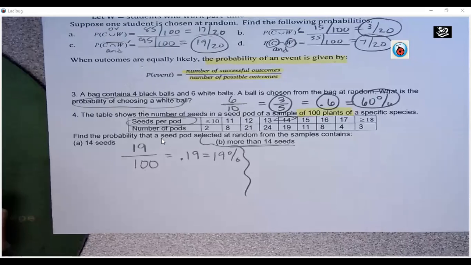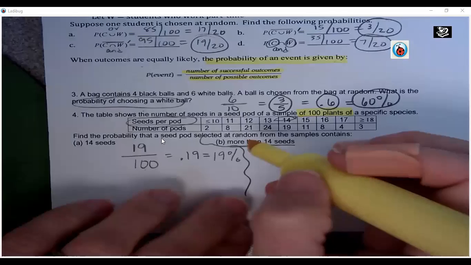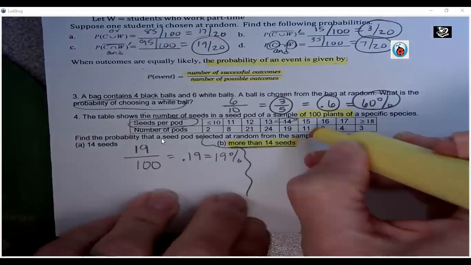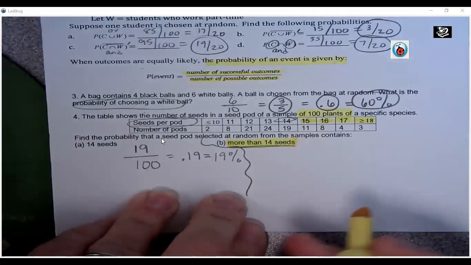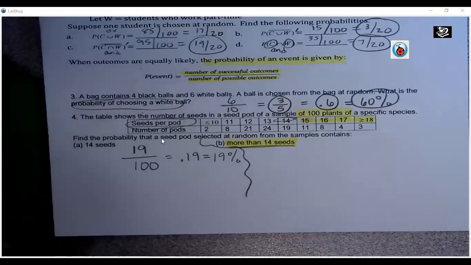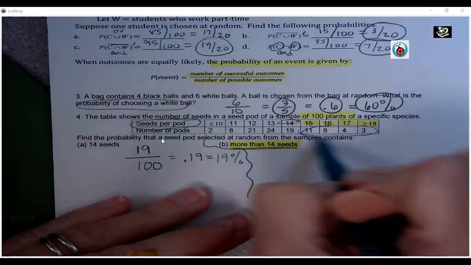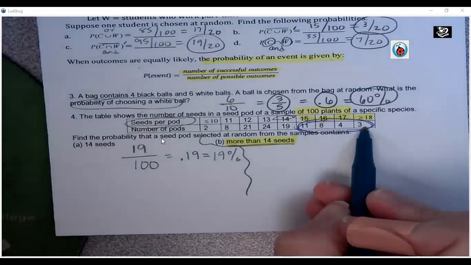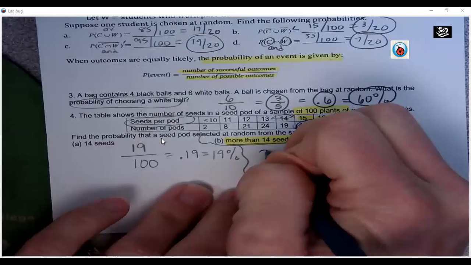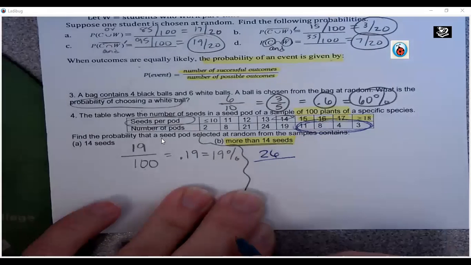Okay, we want more than 14 seeds. So that would be 15, 16, 17, or greater than 18. All of those fit our criteria. So we need to add up all of these samples that have more than 14 seeds. So 11 plus 8, 19, 23 plus 3, 26. So 26 out of, Ben, what would be my bottom number?